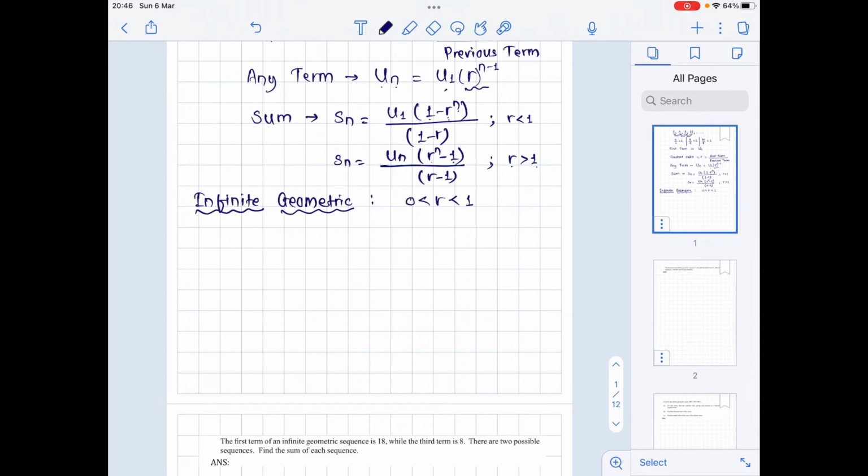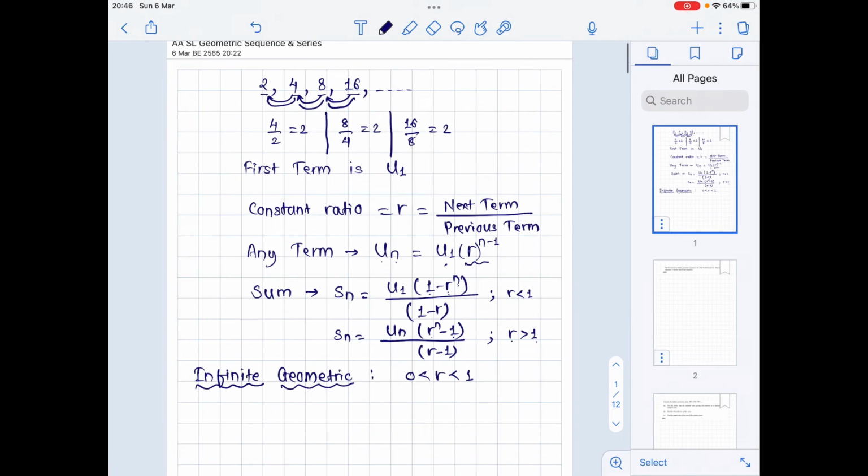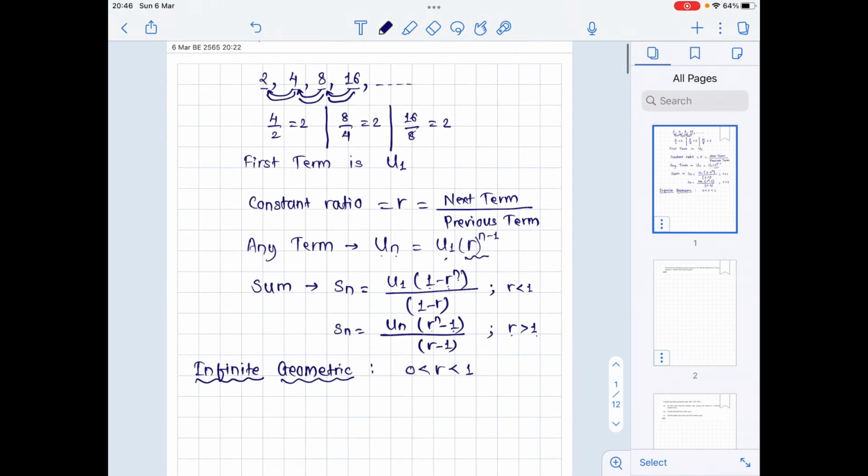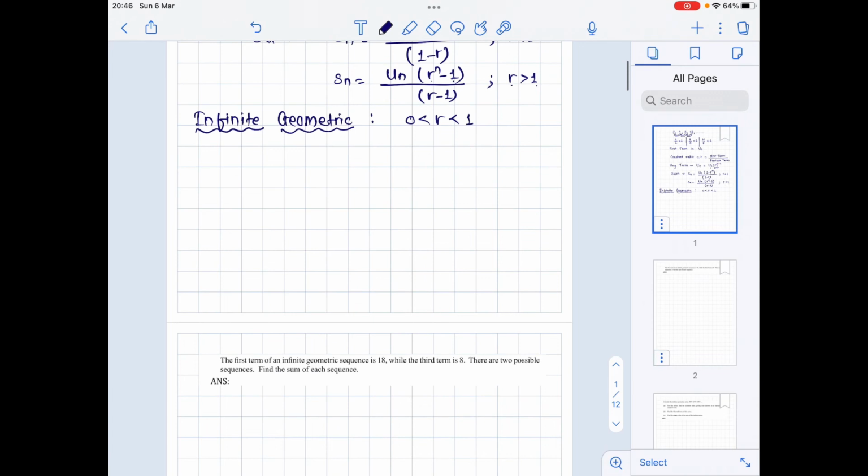If it is more than 1, we cannot find the sum of an infinite geometric sequence. For example, I reverse this sequence. Instead of starting from 2, I am starting from, say, 32, 16, 8, 4, 2. Basically, every next term is coming with a constant ratio of 1 upon 2.